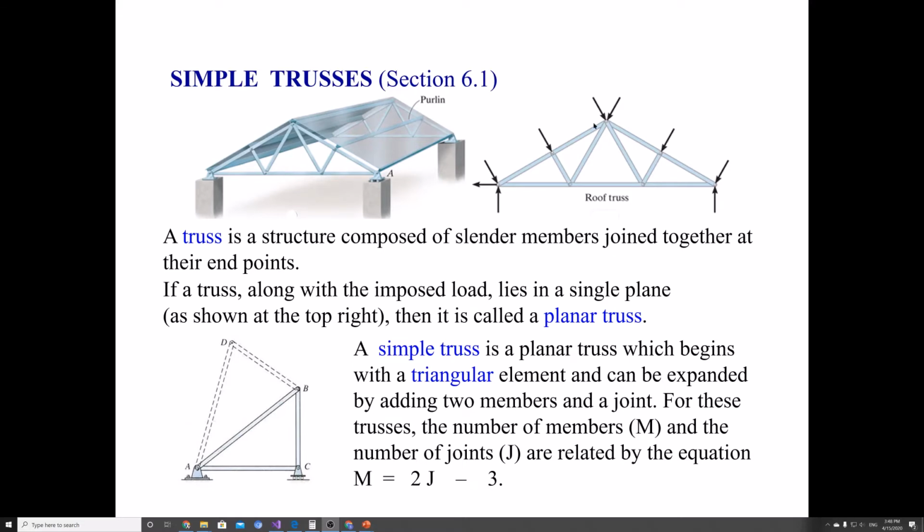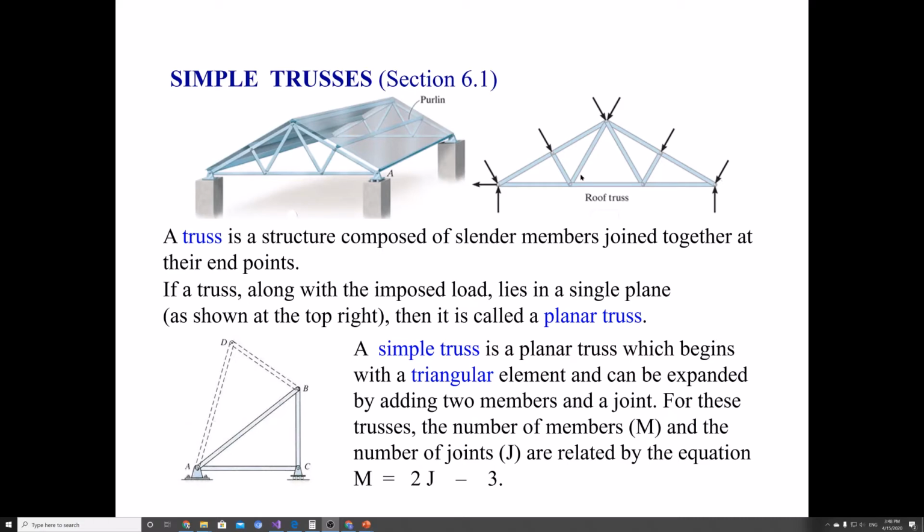Now, one of the things when we start to think about this is the forces that are acting on it. This shows a force acting at this point, another force, another force. So these are forces due to maybe the weight of the roof where it's connected at these points. And these forces here show the reactions at those points.